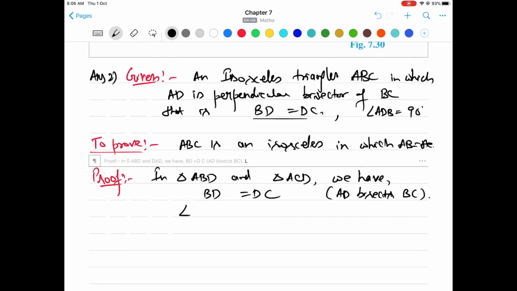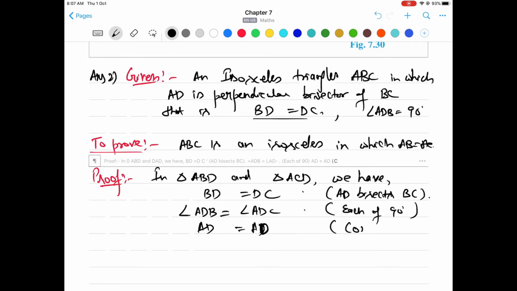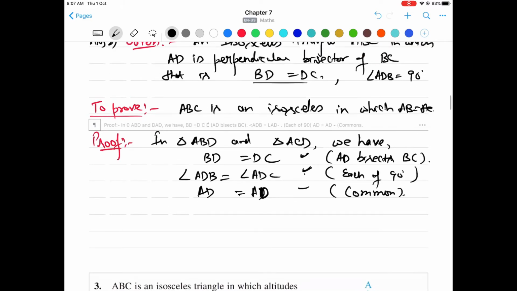Then we have angle ADB equal to angle ADC, each of 90 degrees, because this AD is perpendicular on BC. So we got one side, one angle, then this side AD is equal to AD. So in both triangles we have AD, which is common for both triangles. So by side angle side, SAS, these two triangles will be congruent.